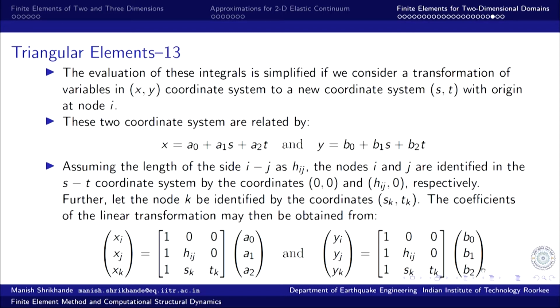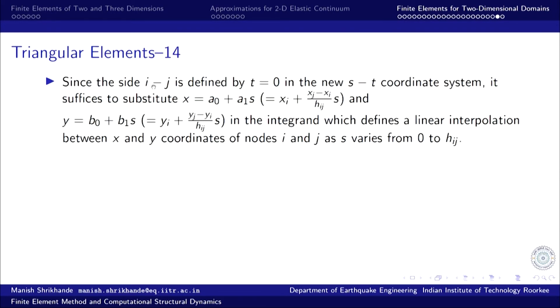Similarly, b 0, b 1, b 2 for coordinate y, and a direct solution for a and b can be computed by using forward substitution and by solving this triangular system of equations. And since side I j is defined by t is equal to 0 in the s t coordinate system, it is sufficient to substitute x as a linear function of s and y as a linear function of s, and t is obviously 0.